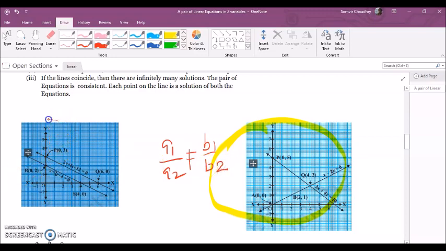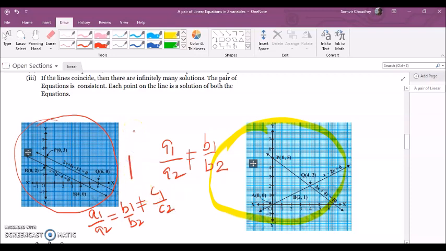And the second condition was this one, when these lines are parallel, meaning A1 by A2 is equal to B1 by B2, but not equal to C1 by C2, right?